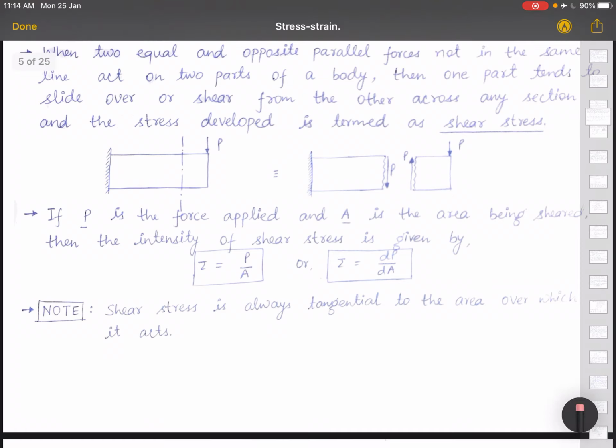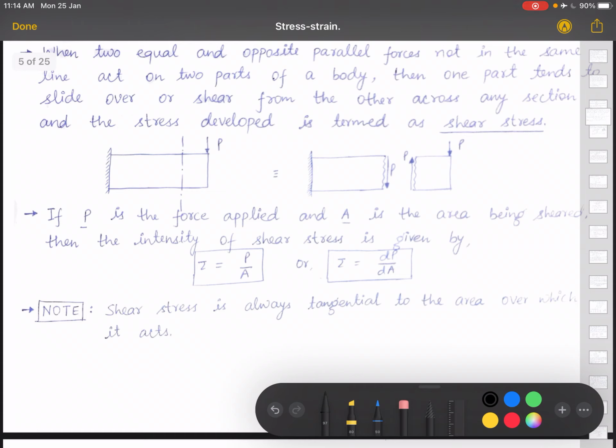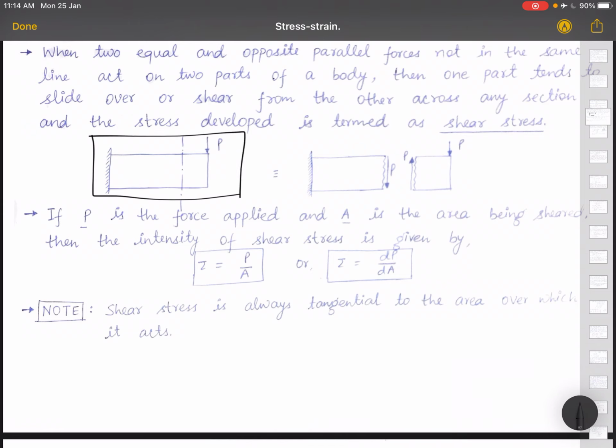So you can see from this, this is any body, and we have a force which is parallel to the transverse axis. If we cut this body along this plane and check, this P is acting here, so for equilibrium an equal and opposite force should be acting, and similarly here also it will act.